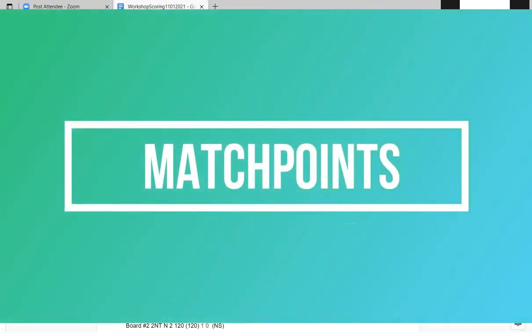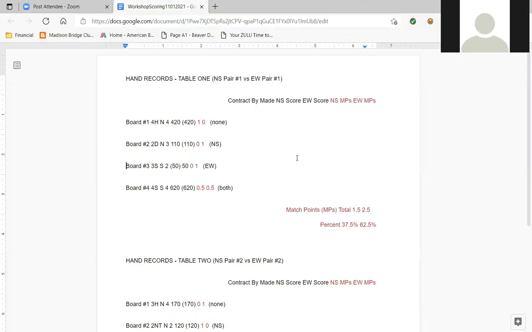So in red, the 2 far columns to the right are what we call match points. When you convert to match points, you take the raw score and convert it down to a much simpler number to keep track of, which is called a match point. So MPs there means match points.